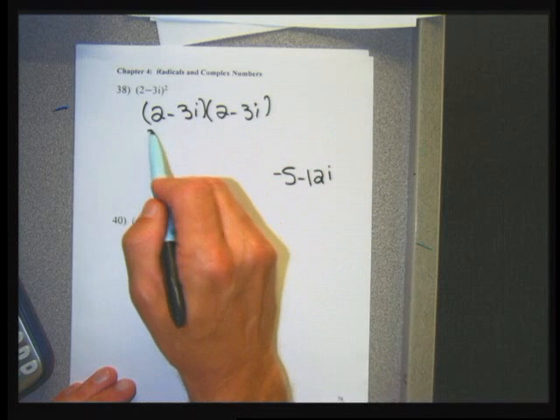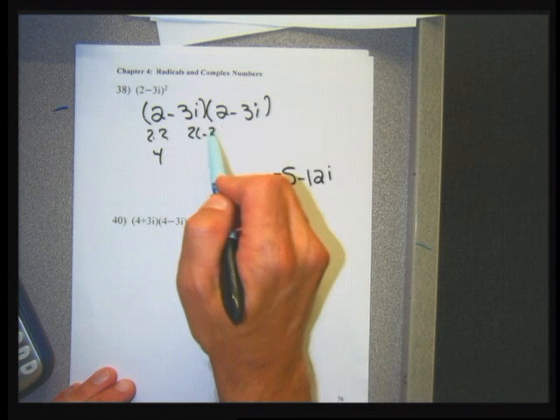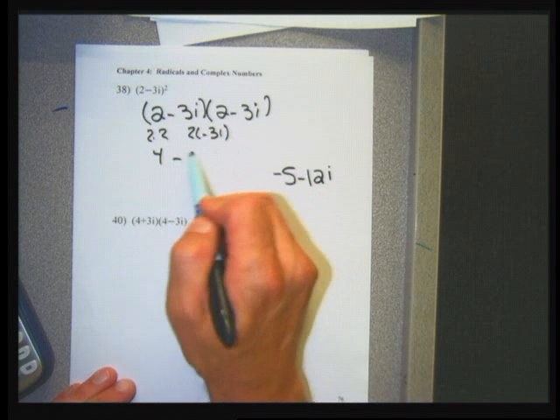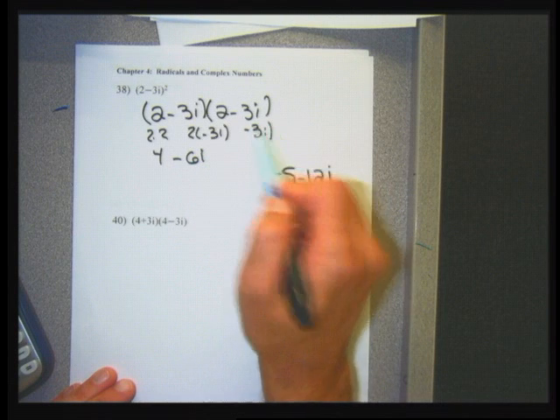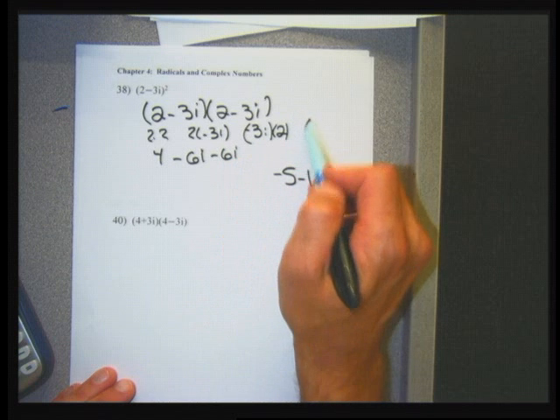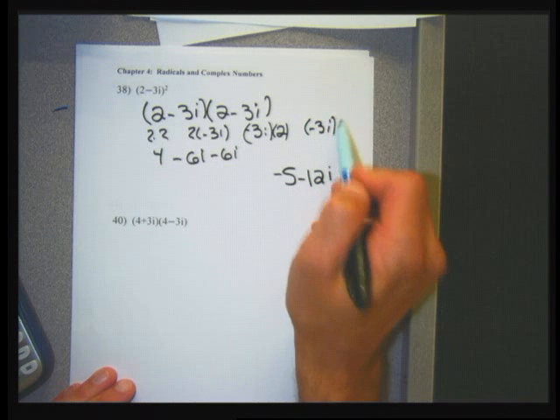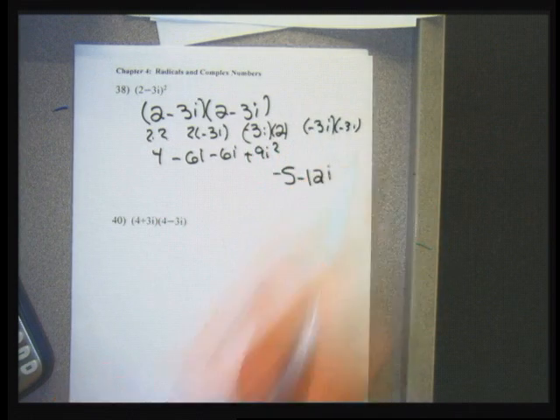Firsts are 2 times 2, which is 4. Outers are 2 times minus 3i, which is minus 6i. Inners are minus 3i times 2, which is minus 6i. And the lasts are minus 3i times minus 3i, and that's a plus 9i squared.